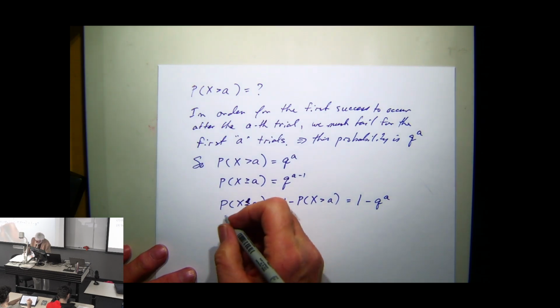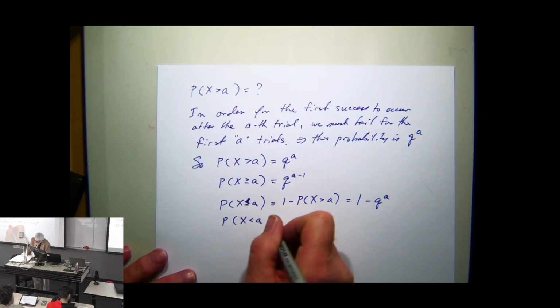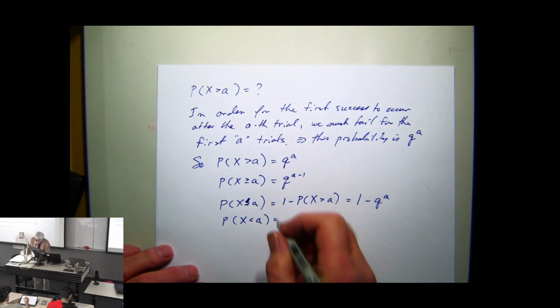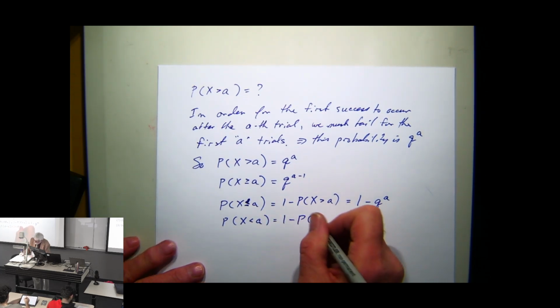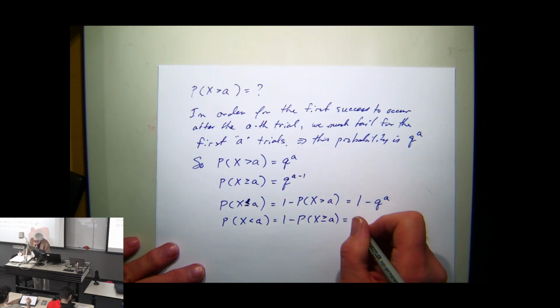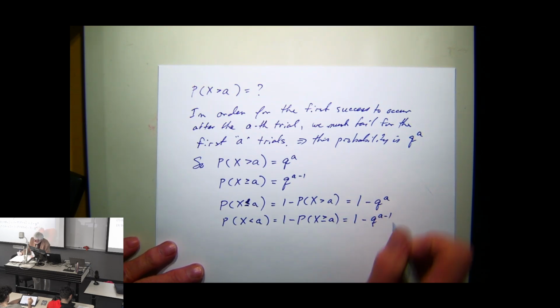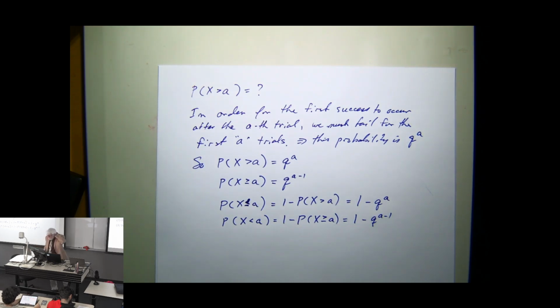Or if I wanted the probability that x is less than a, I'm going to do 1 minus the probability that x is greater than or equal to a, and that's going to be 1 minus q to the a minus 1. So you've got everything you need there to solve our next mathematized question.